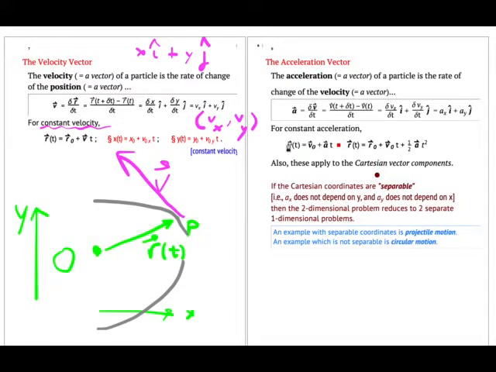And for the position as a function of time, we have an equation exactly analogous to the equation for one dimension. r at time t is r0, initial position vector, plus v0t, v0 there is the initial velocity vector, plus 1/2 at squared.